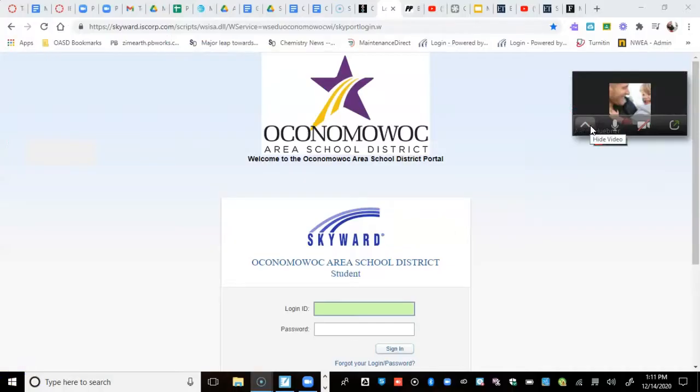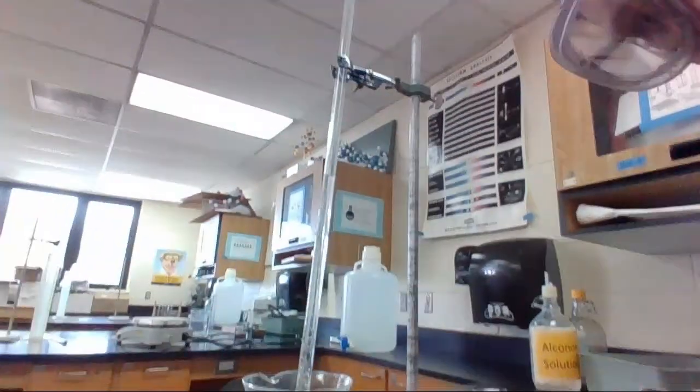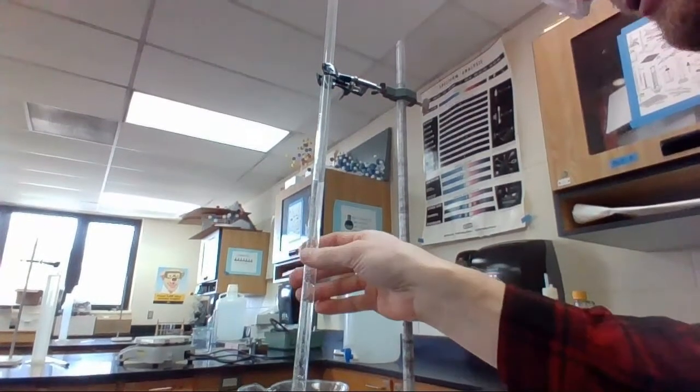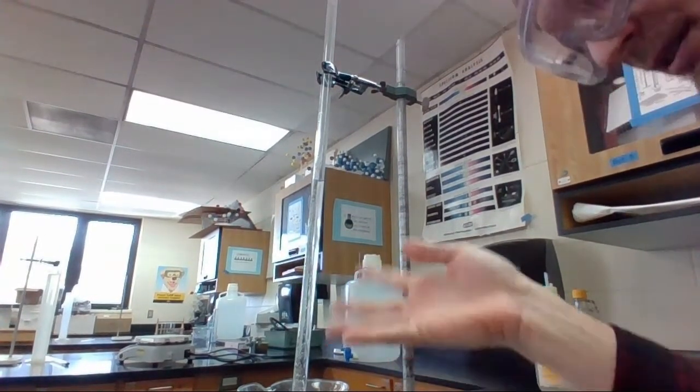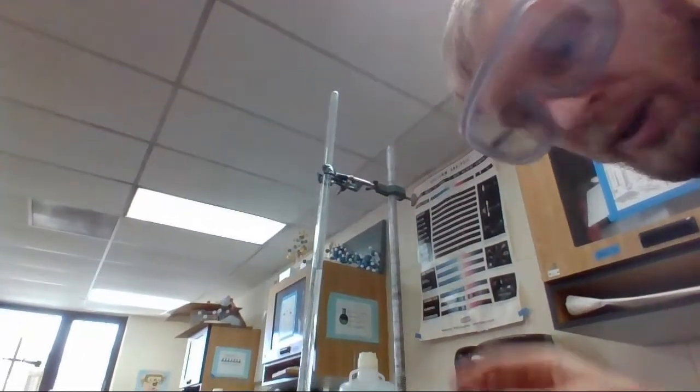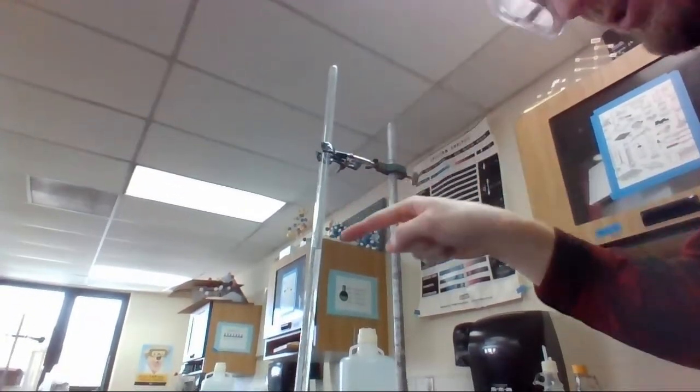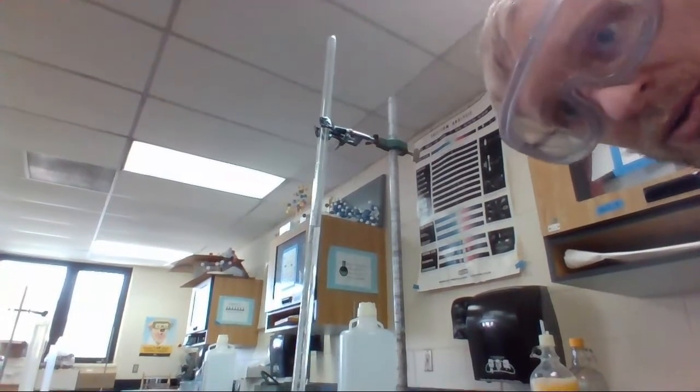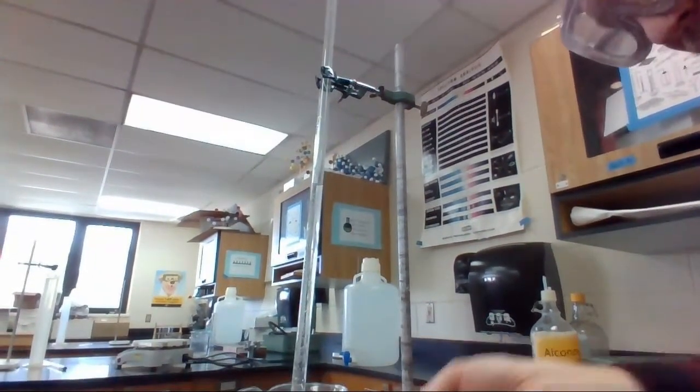Alright guys, what we've got going on, let me make this bigger here. Looking at the results here, you can see a bunch of hydrogen kind of sticking there. Overall, we got a good amount of hydrogen produced. So what we're going to do now is take this without getting any air bubbles.